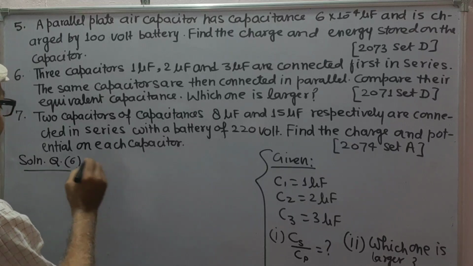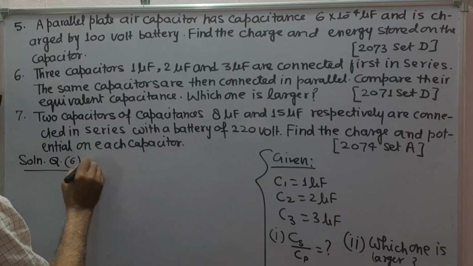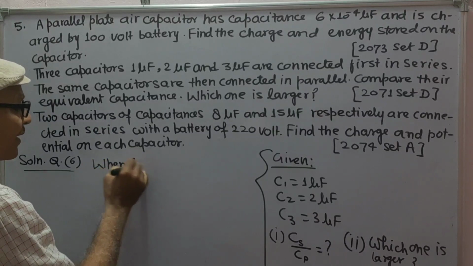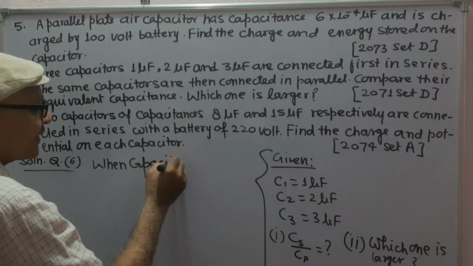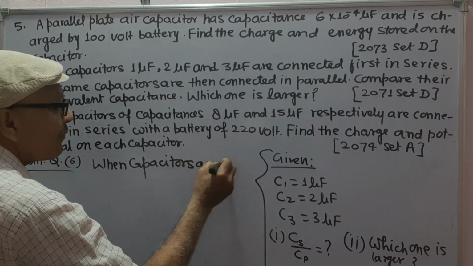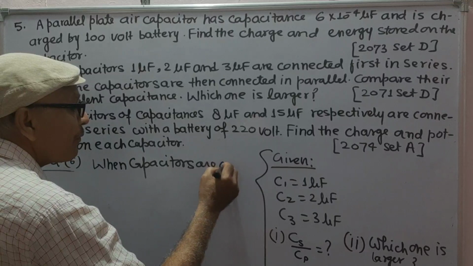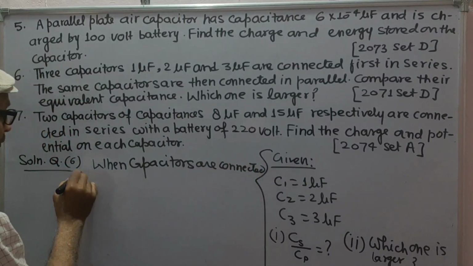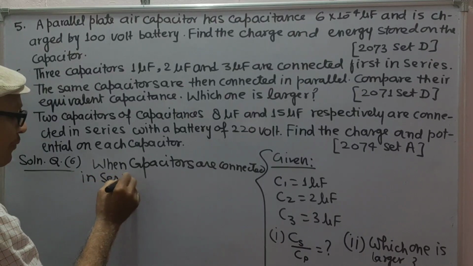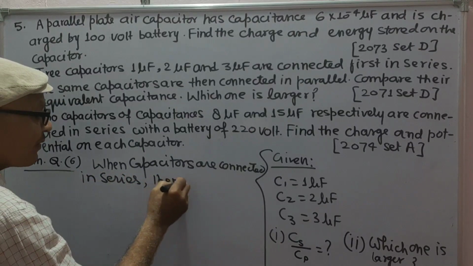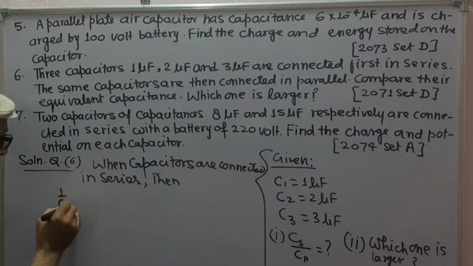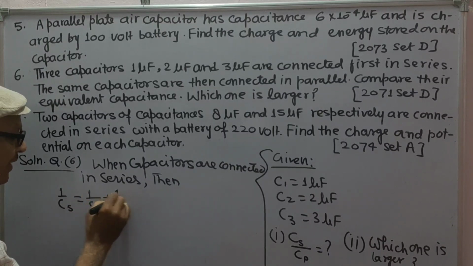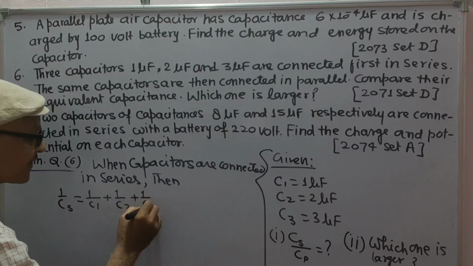Now solution. When capacitors are connected in series, then 1 upon C series will be equal to 1 upon C1 plus 1 upon C2 plus 1 upon C3.